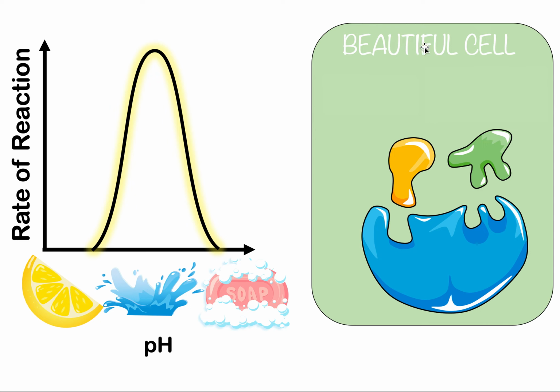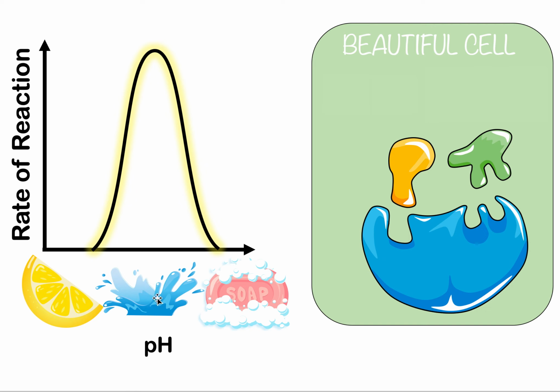So here we have, again, the beautiful cell, but the graph looks different. Notice, I'm putting pictures here to make it interesting, but on this side it's low pH, and on this side it's high pH. The lemon here represents acidic, this one represents basic, and the water represents neutral, so low to high pH. Now, we can notice that the pH has a major effect.